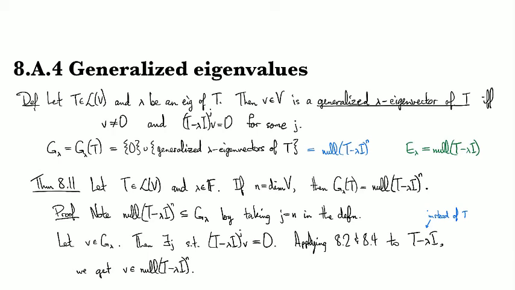And so going from beginning to end, we have that G lambda is contained in the null space, and that's the other containment, and so we're done.